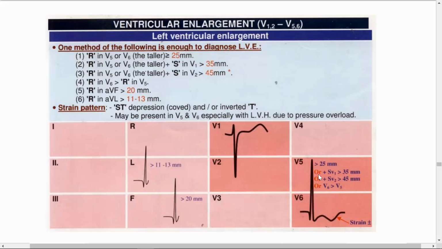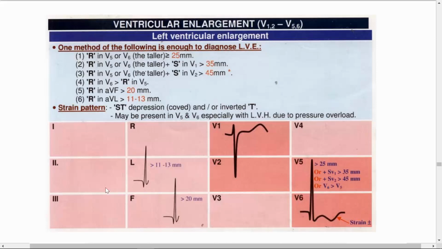Or the sum of the height of R and the depth of S in V1 or 2, whichever is deeper, should be more than 7 big squares, or 35 millimeters, okay.